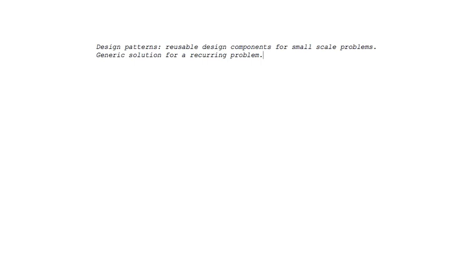These words are very important. Generic solution. This is not solid. This is very generic. And for a recurring problem means this problem occurred previously, it is occurring now, and in the future also it will occur. That means we are developing systems for real-world use. A university information system is something people developed solutions for many years ago.